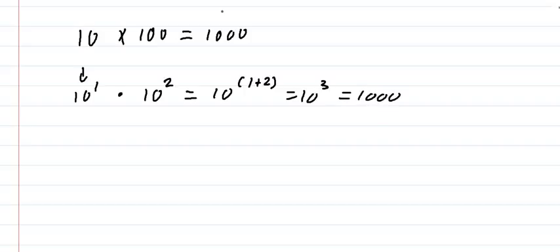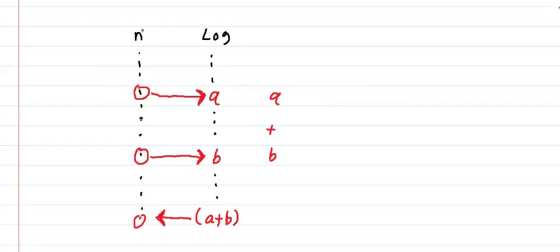We'll now do that calculation using log tables, and the way log tables are laid out is like this. On one side we're going to have our number, in this case 10, 100 and 1000. On this side we're going to have a number that we're going to call the logarithm.